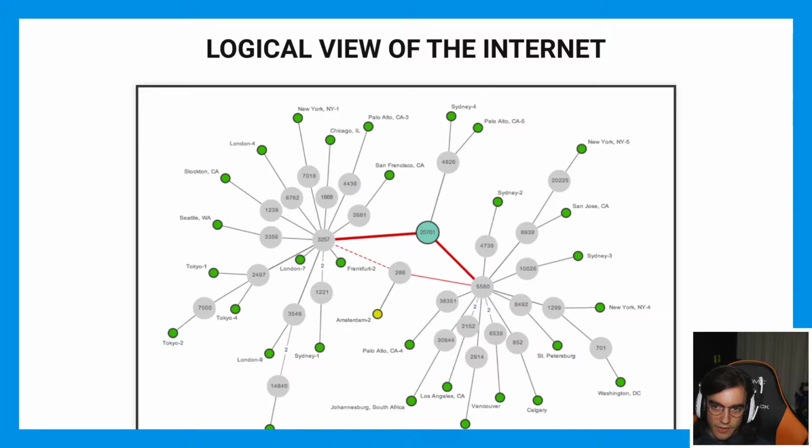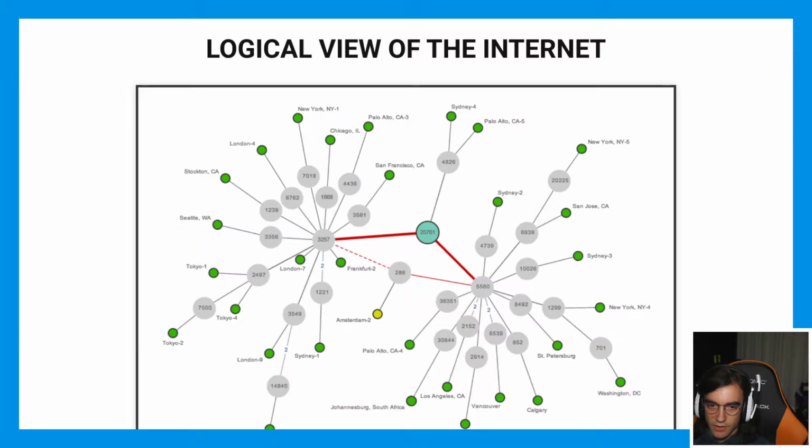We find out that interconnections on the internet are even more spread out. So different internet service providers are identified by ASNs, autonomous system numbers. Those are the numbers in the gray circles there. So each number there represents an internet service provider, and we can see that they're all connected to each other.